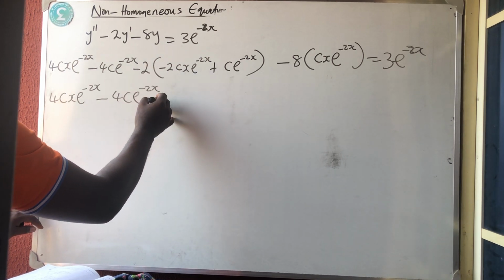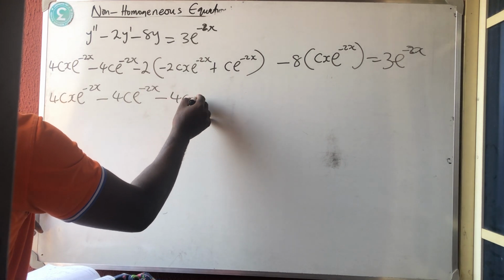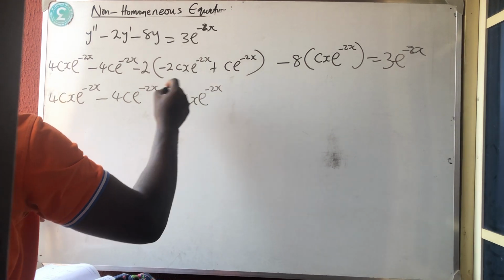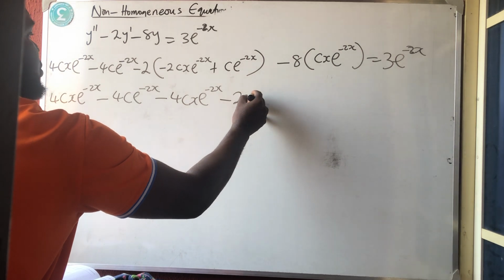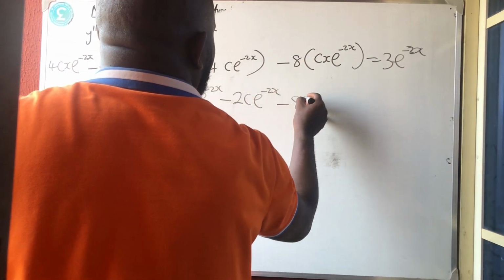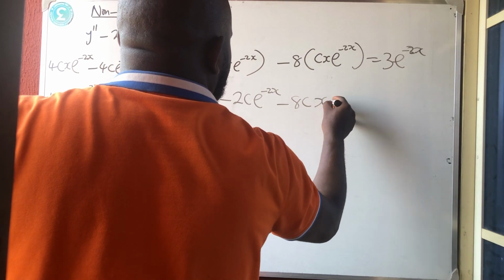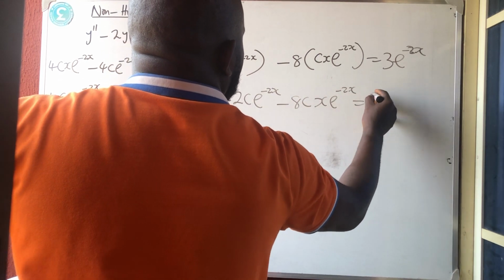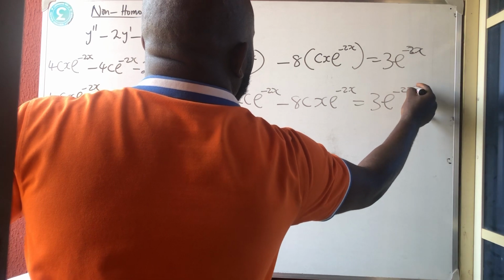This and this will give you minus 4cx e raised to power minus 2x. This and this will give you minus 2c e raised to power minus 2x. This one will give you minus 8cx e raised to power minus 2x is equal to 3 e raised to power minus 2x.